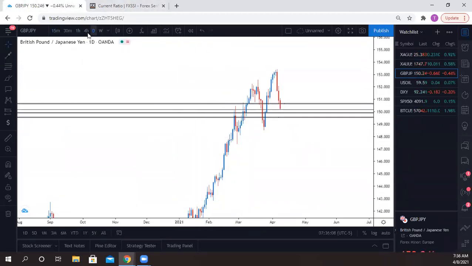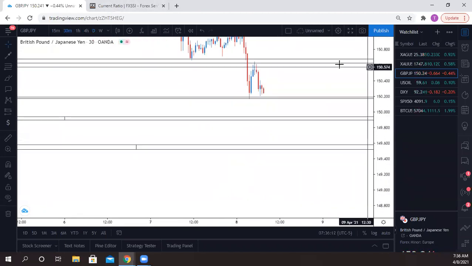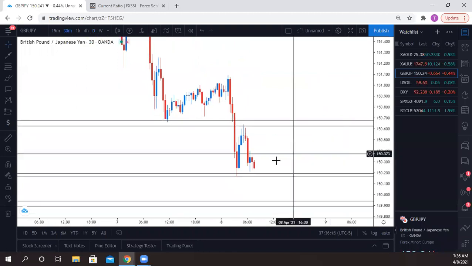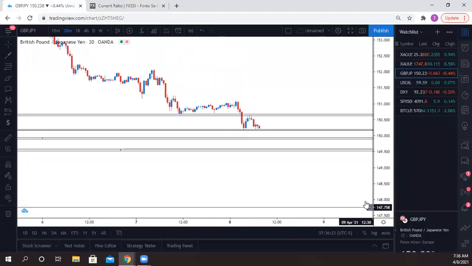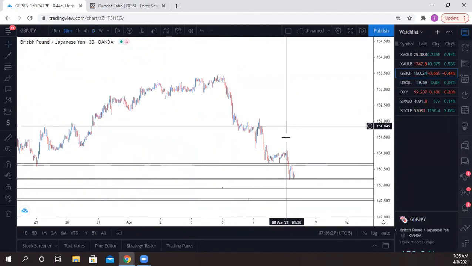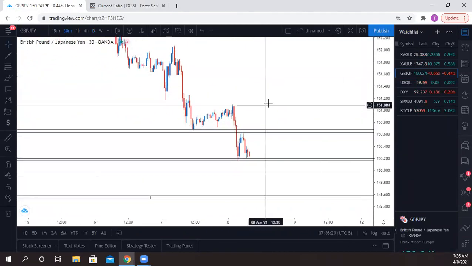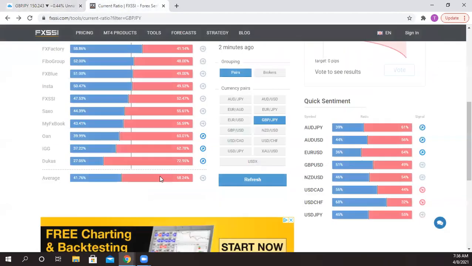It was insane. So I like to go in there and see what kind of people are getting absolutely destroyed, and I typically like to stay away from that number. So this number was 70%. And now that the pound is actually selling off, now everyone's getting out. These numbers are funny because you literally sit and watch it do the exact opposite every single time.